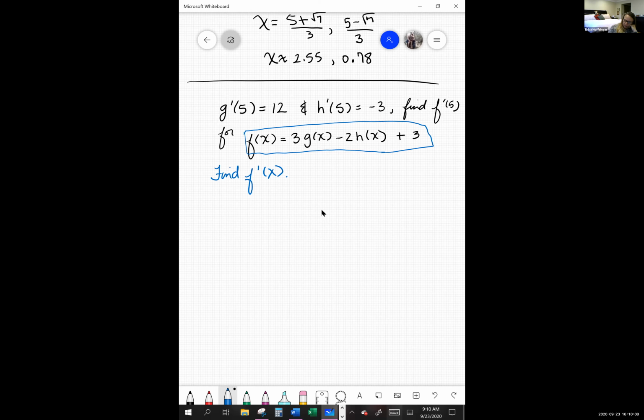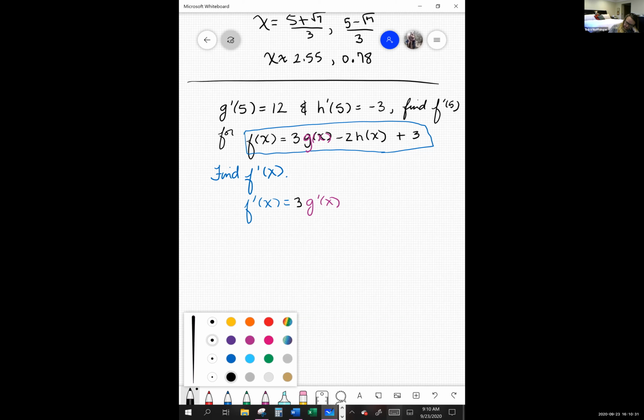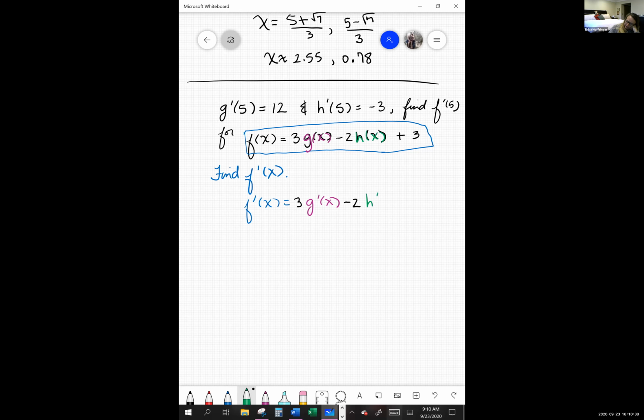And so f prime of x is going to equal 3 times the derivative of g of x, minus 2 times the derivative of h of x, which is h prime of x. And the derivative of a constant is always 0.